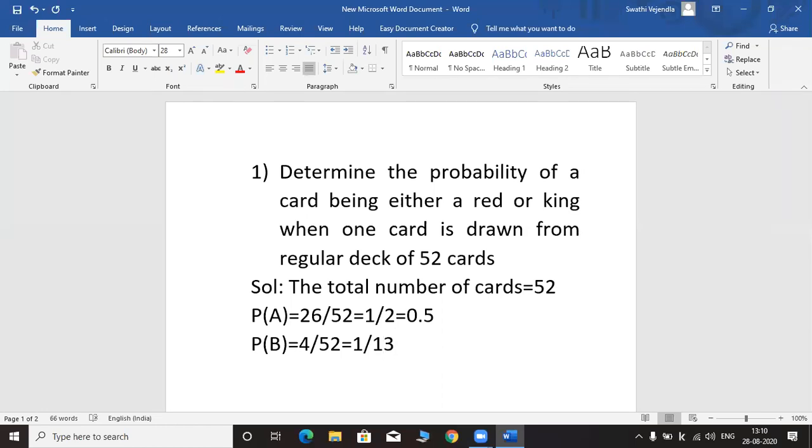So here drawing a red card is event A, drawing a king card is event B. So for both events A and B, the probabilities are calculated. P of A is equal to 0.5, P of B is equal to 1 by 13. These are the values we have got after calculating the probabilities of events A and B separately.